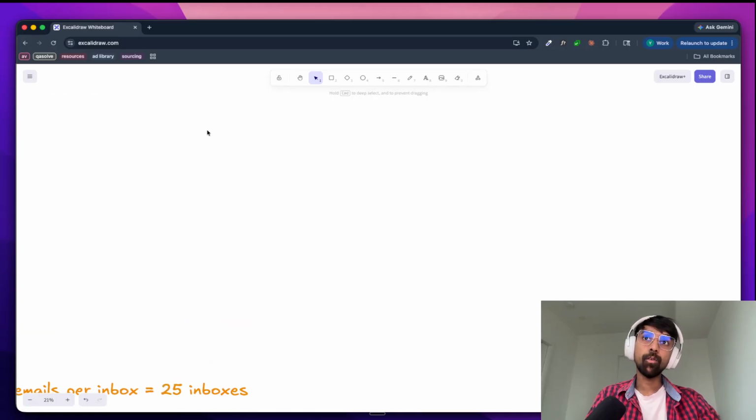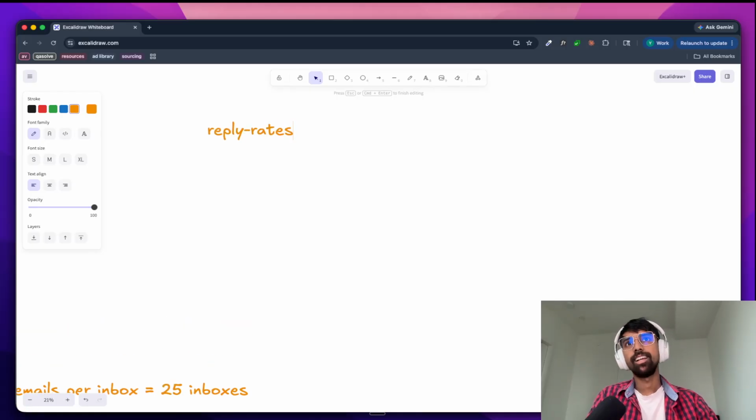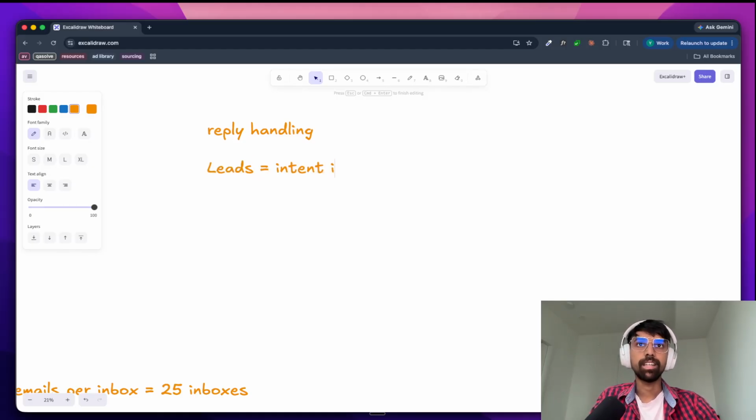The main thing that I want to say is reply rates, reply handling, right? And this is one of the core things about cold email. The thing about leads is that you want to capture intent immediately.